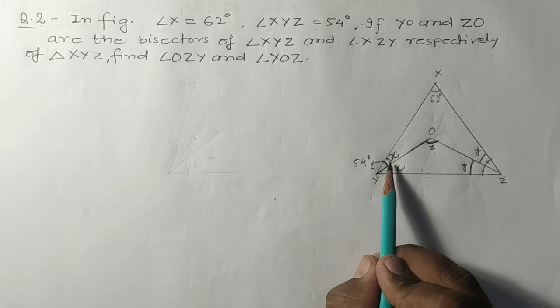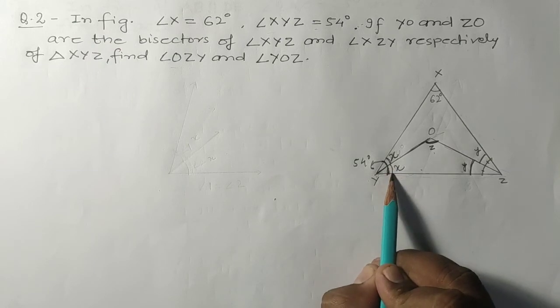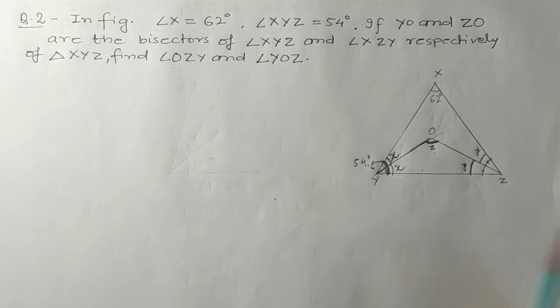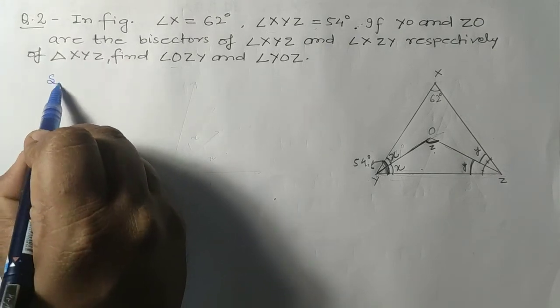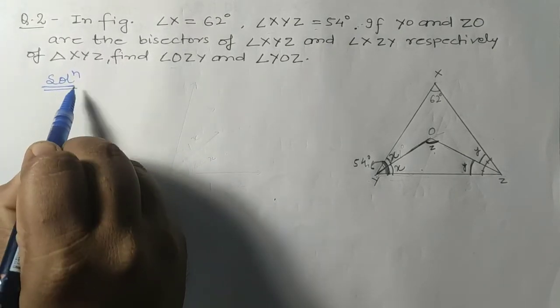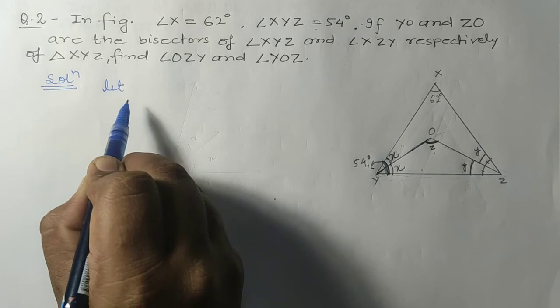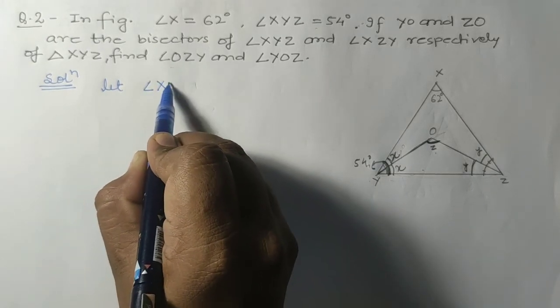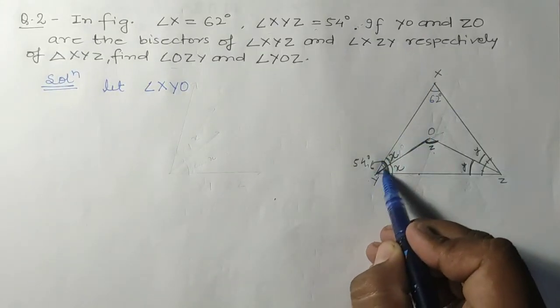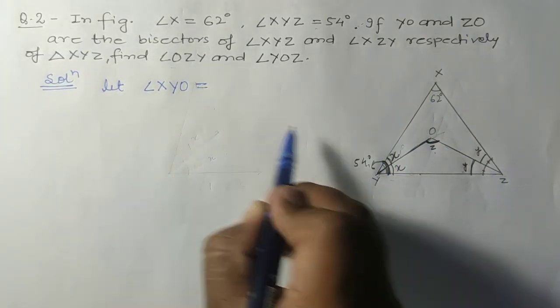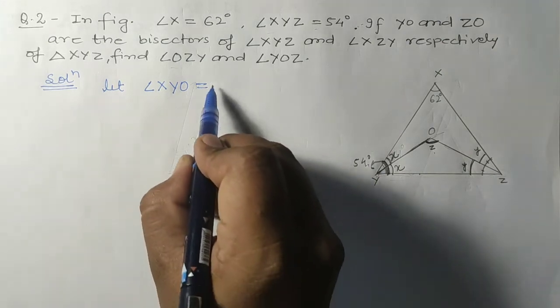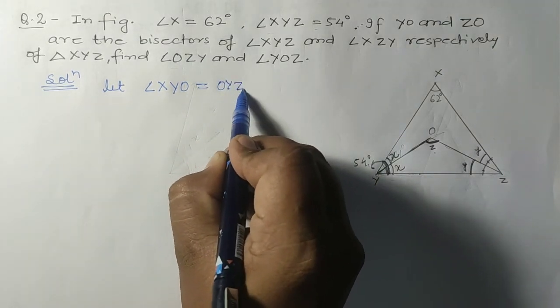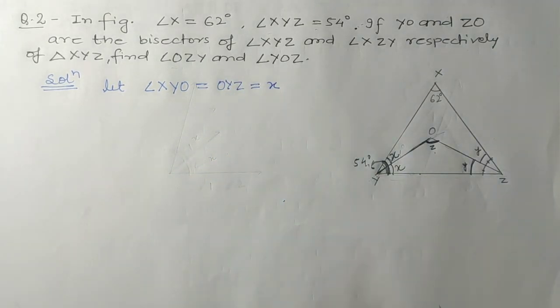See students, this is x and this is also x. According to the question, the whole angle is 54 degrees. So when we write the solution, firstly we have to write that let angle XYO, this angle, be x, and angle OYZ both equal x.